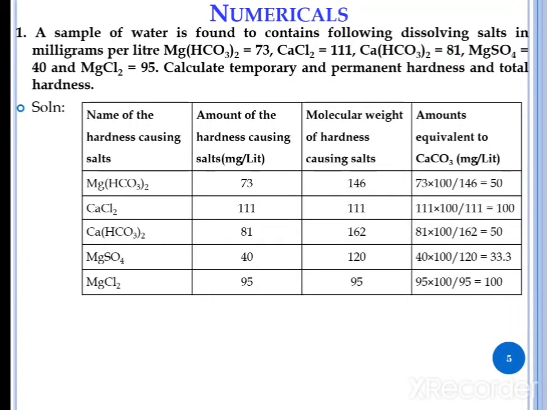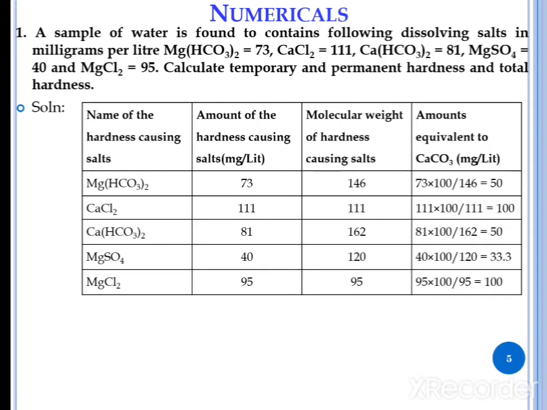In the first column you write the name of the hardness causing salts which is given in the numerical, then the amount of that hardness causing salt, then the molecular weight of the hardness causing salt. As I told earlier, if you know the atomic weights of some elements, then you can easily calculate the molecular weight. And the last is the amount equivalent to calcium carbonate in milligram per liter.